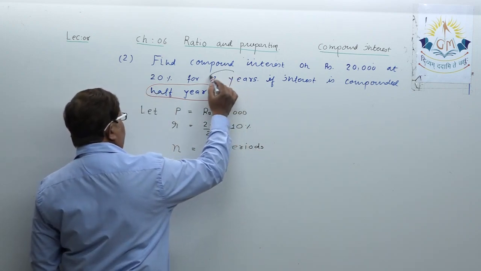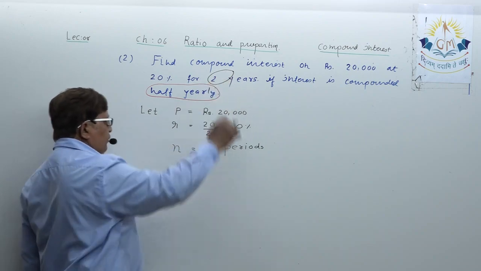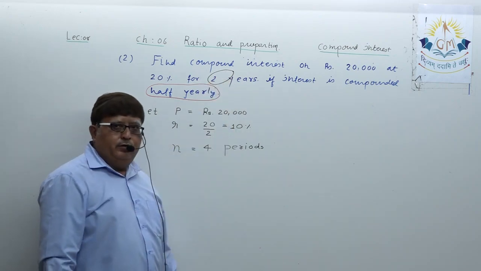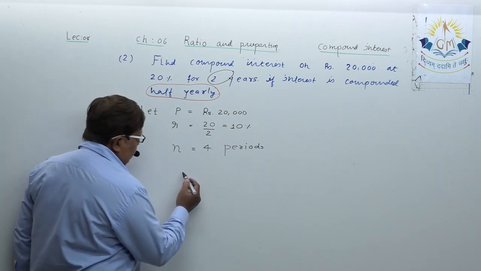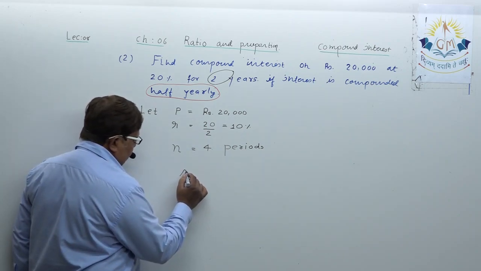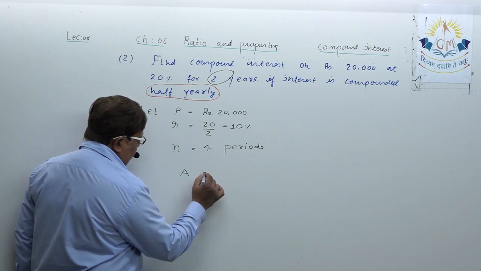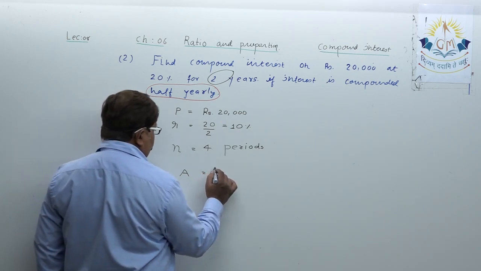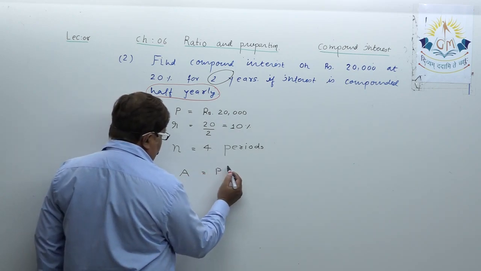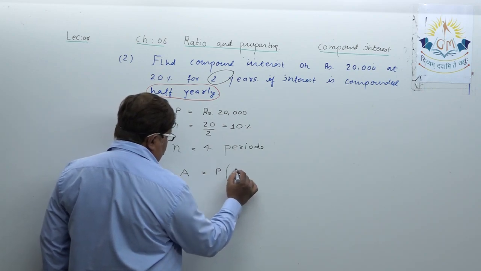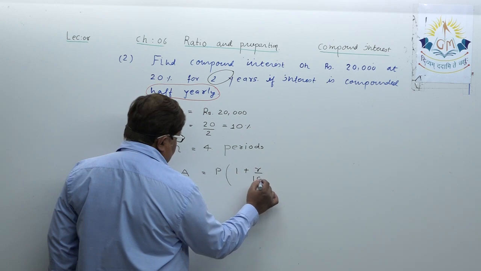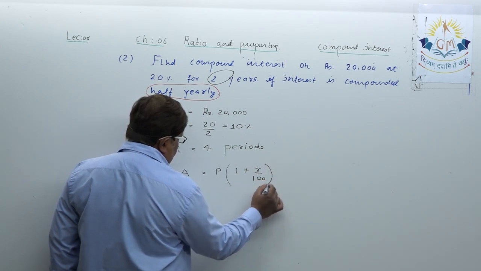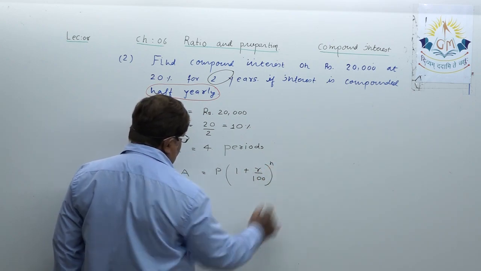Because 2 years include 4 periods of half year. Okay. Now dear student, the formula: A equals P into bracket 1 plus R upon 100 raised to N.